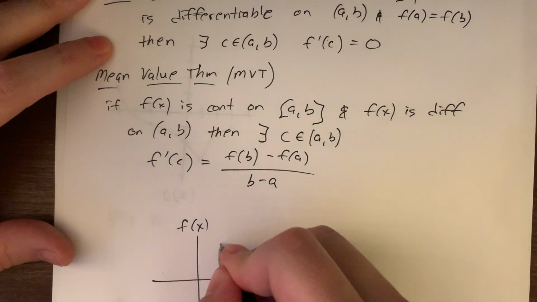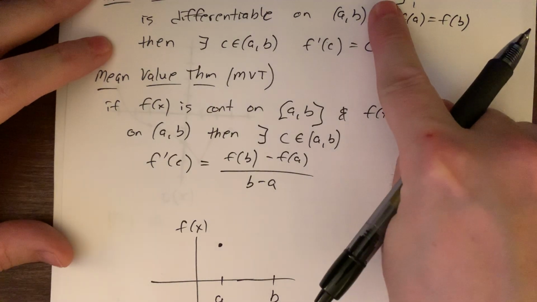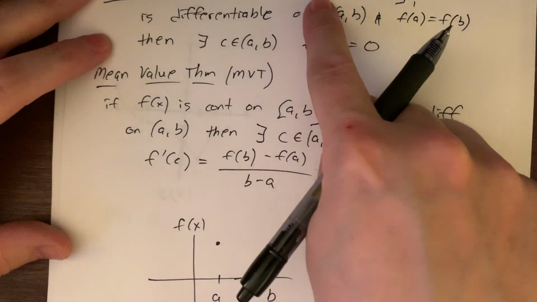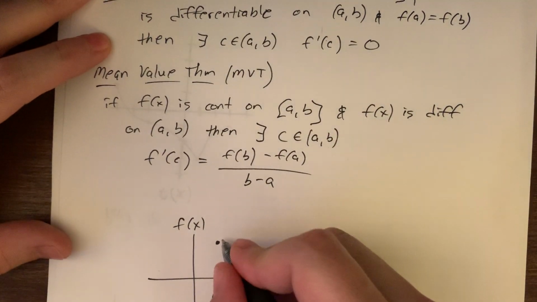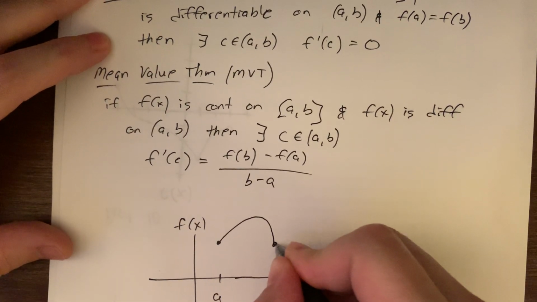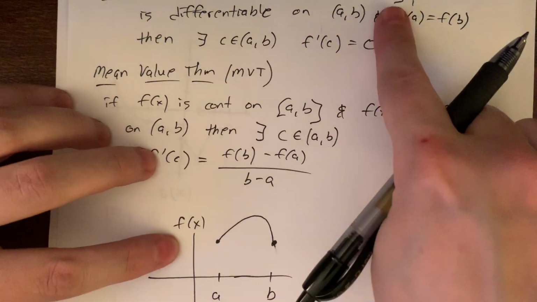Wherever my graph starts when x equals a, it needs to be continuous all through b. So whatever this graph does, the idea of continuous, my graph needs to be connected. So I'll keep this one fairly simple. Let's our function just do this. My graph is entirely connected, so continuous.